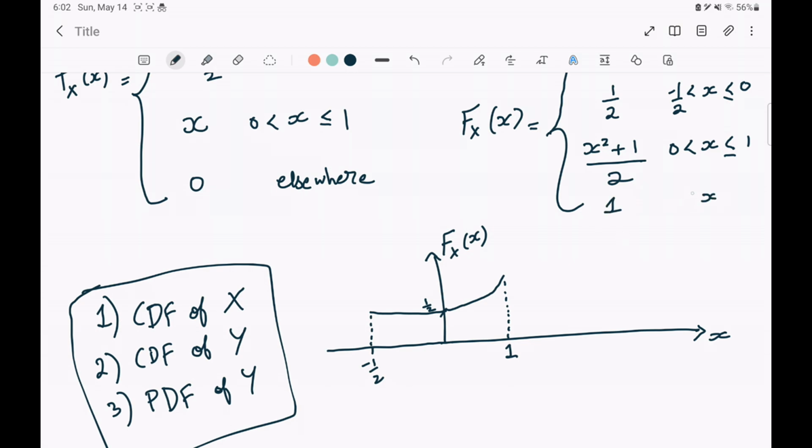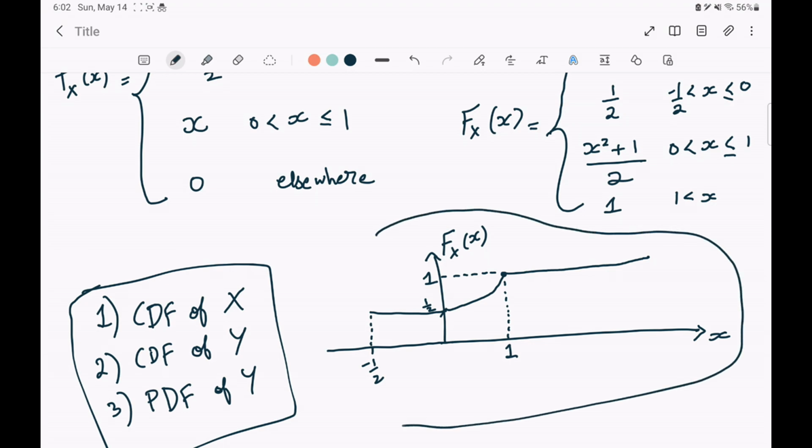After reaching the value of 1, its value is going to be constant, which is 1, like this. So here we have defined the cumulative distribution function for our random variable x. It looks something like this. This is a straight line.